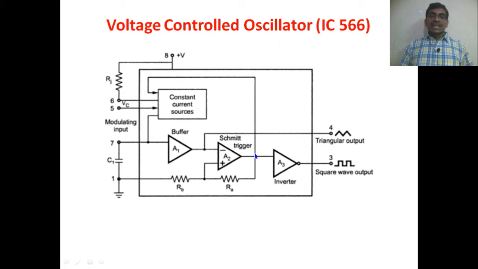Based on the voltage at the non-inverting terminal of our Schmitt trigger, the Schmitt trigger changes its output. Based on this change in the output, we get the charging and discharging of the capacitor, in order to get the triangular wave and also the square wave.